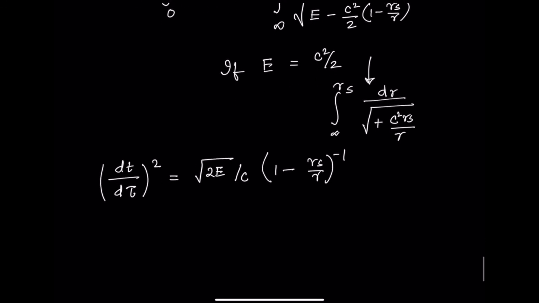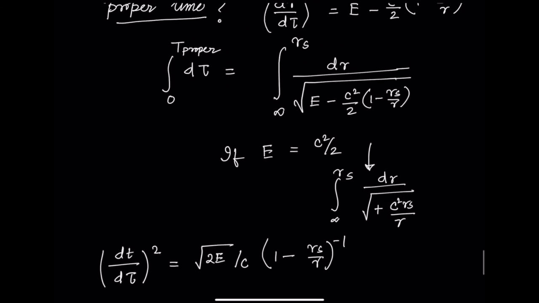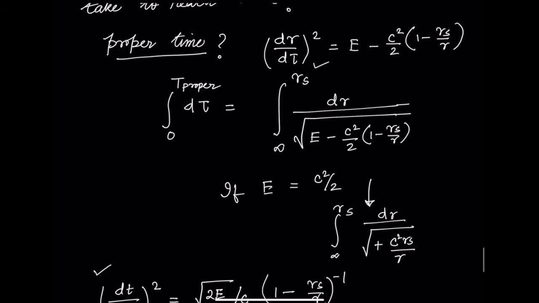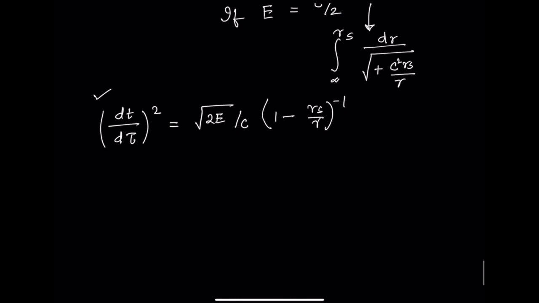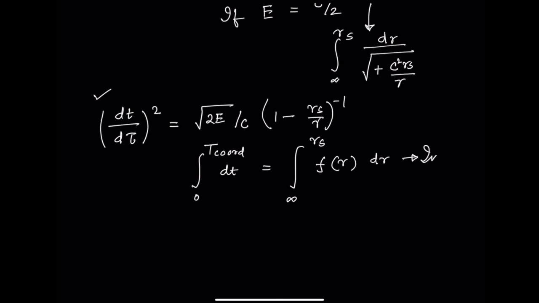I can combine this with the other, where I replace dτ² with dr². And I can write how much coordinate time is spent as the object falls. I'm not writing it explicitly, but you can see it will be some function of r and dr. And you will see that this comes out to be infinite. Just try to do the math, it is easy to see.